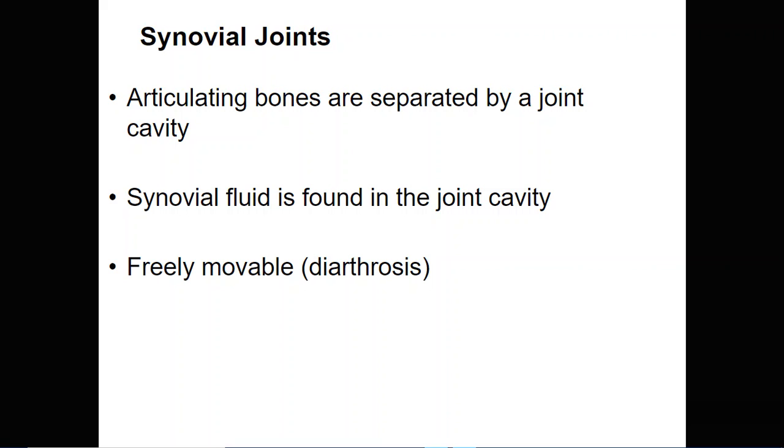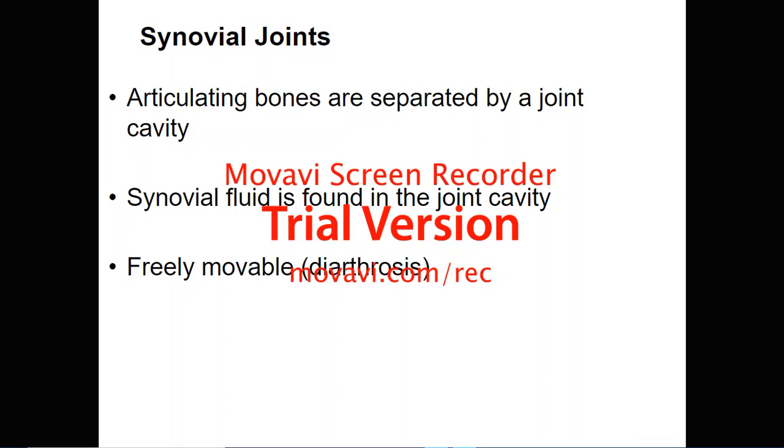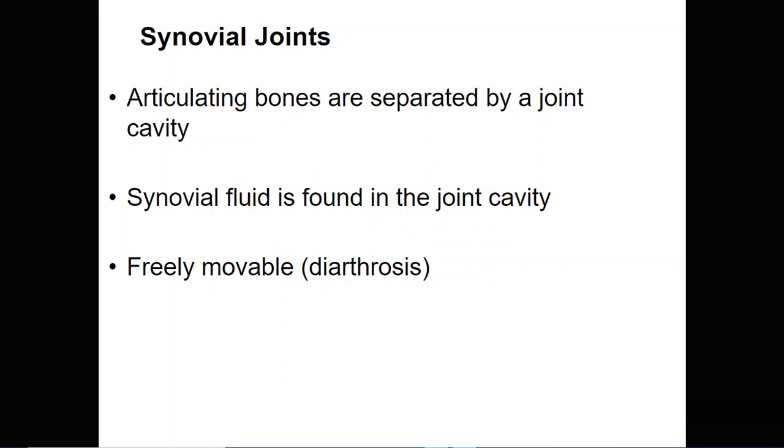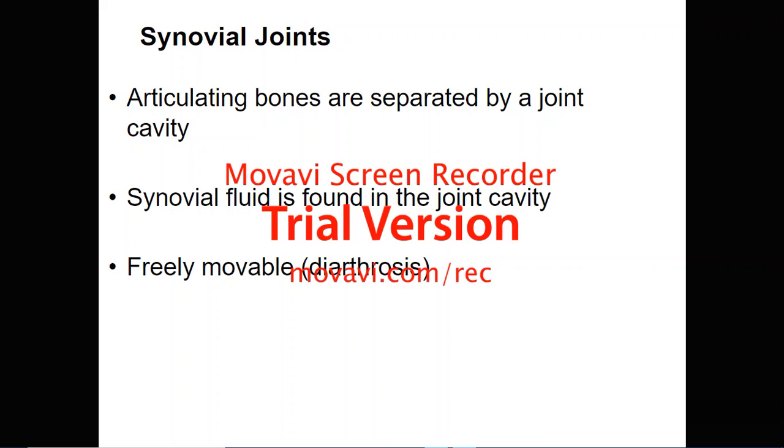Okay, so remember these terms that we talked about. If a joint is freely movable, we use the term diarthrosis. But just to review, if a joint is not movable, which we talked about with the fibrous joints, we use the term synarthrosis when there's no movement.